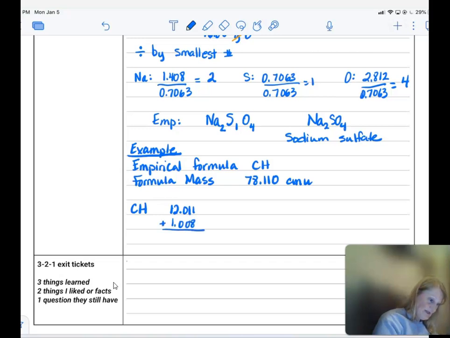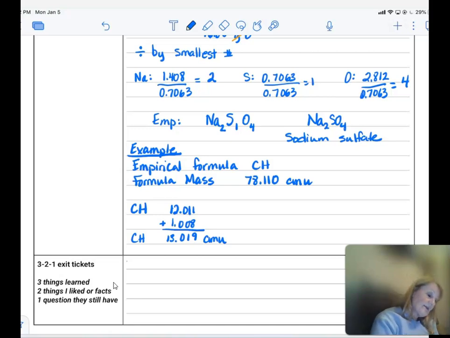We have one of each. Again, if we had more, you'd need to write it out like what we did before. Let's add that up. So I know the mass of CH is 13.019, which means that the formula mass is not the empirical mass.